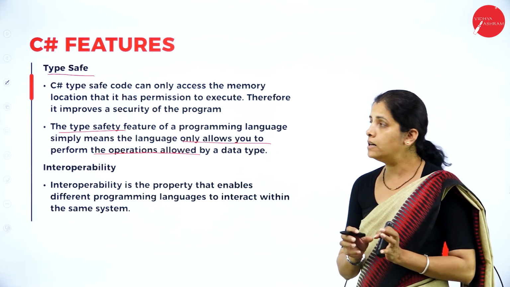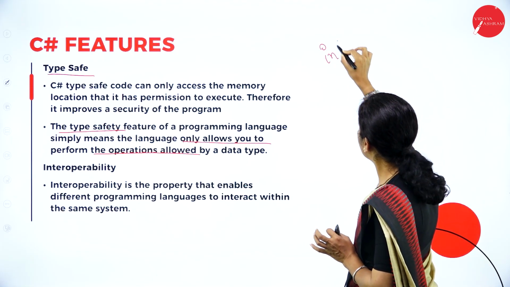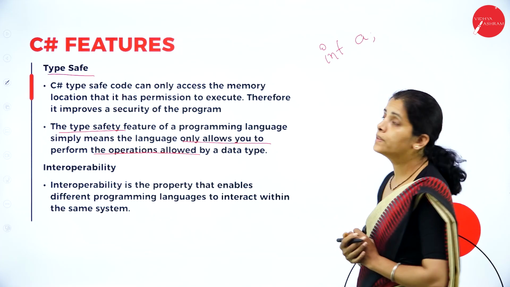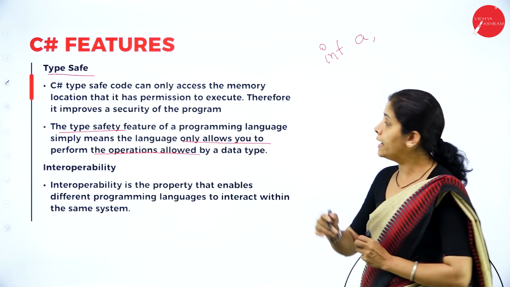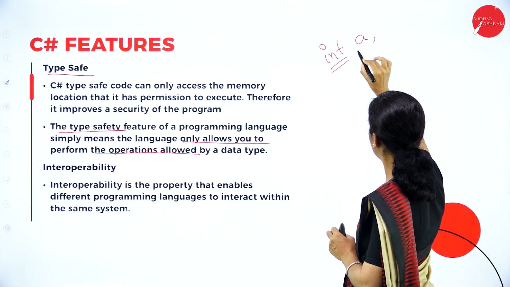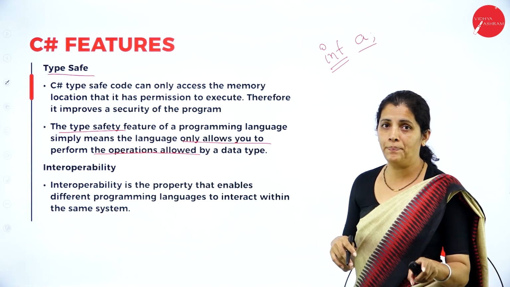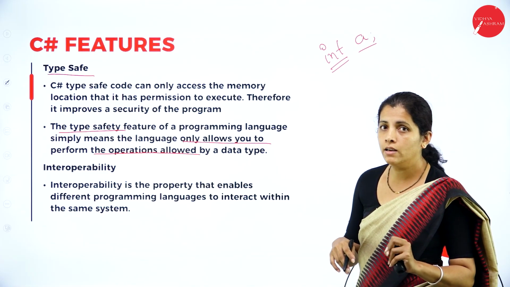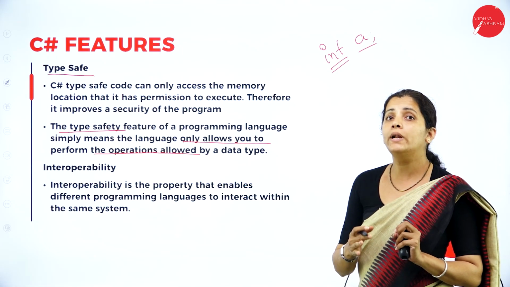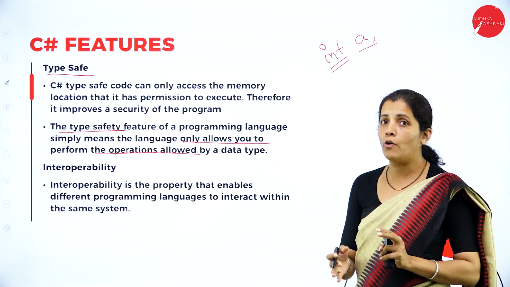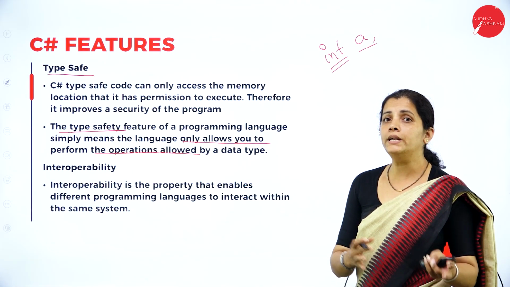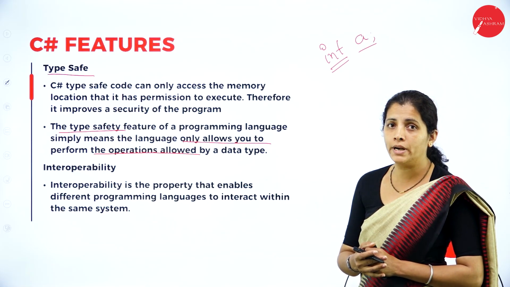Okay, fine. If I define int a, what is the meaning? The data type here is integer and my variable name is a. Agree? Okay, fine. If I consider operating systems, there are two kinds, 32-bit and 64-bit operating systems.